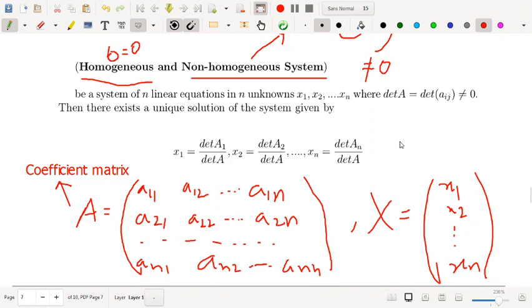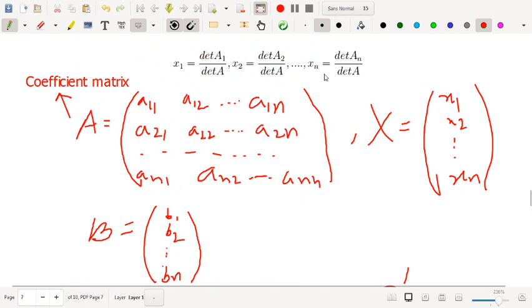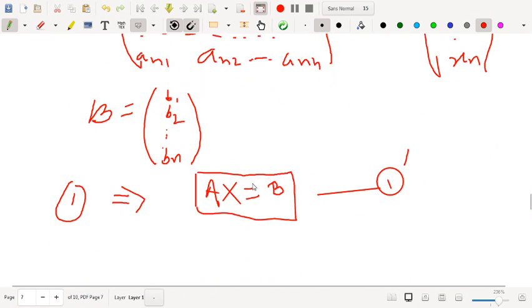Now how will you solve? First I will check the determinant of this matrix A, the coefficient matrix we have already defined.